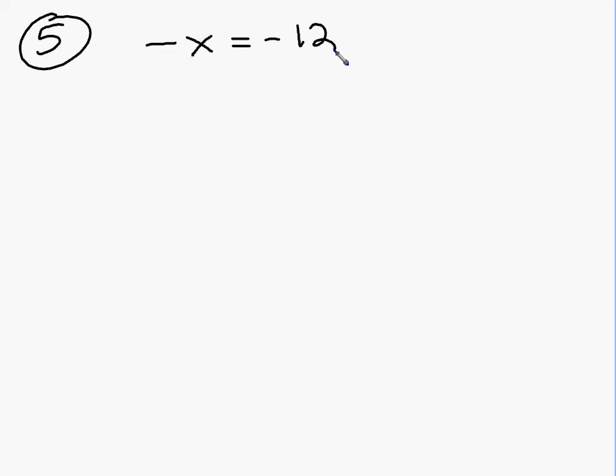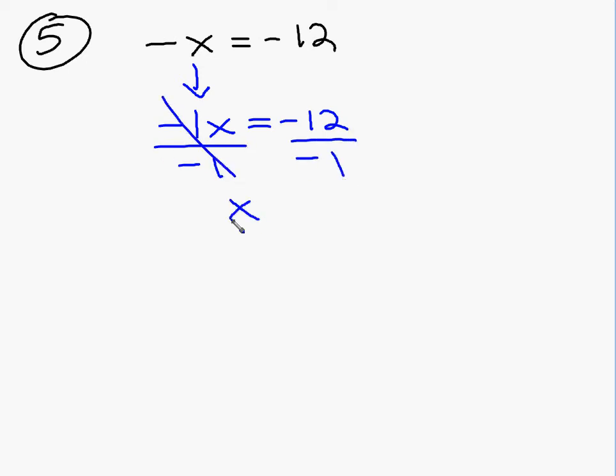The only thing I need to do is write this as negative 1x equals negative 12. If you see negative x, it's the same thing as negative 1x. Now, how would I finish solving this? Divide both sides by negative 1. So my answer is positive 12.